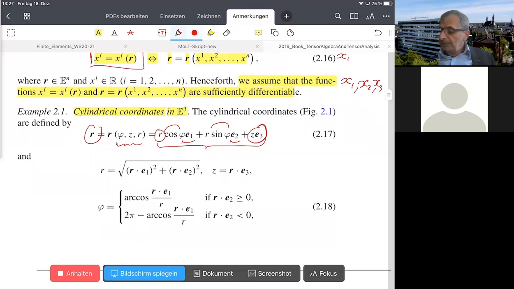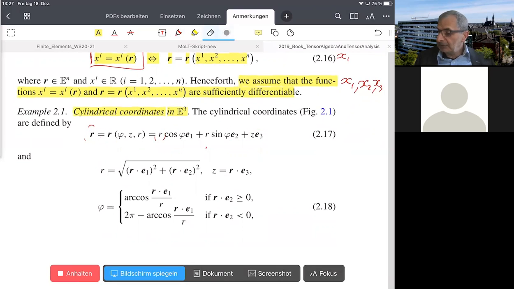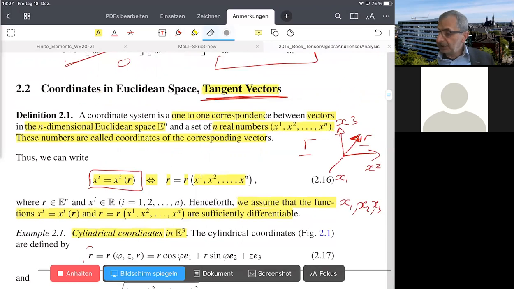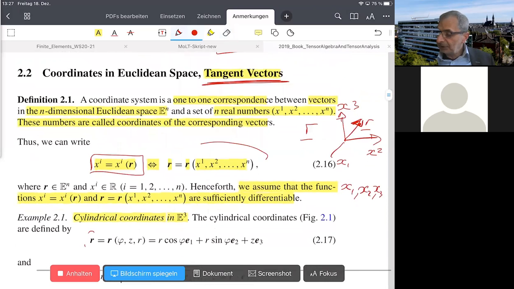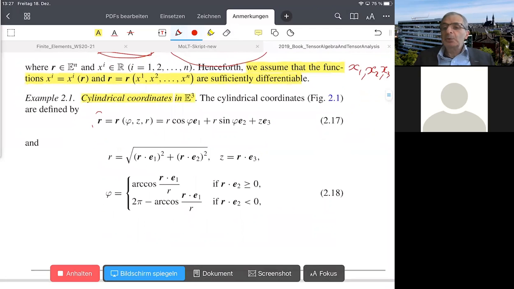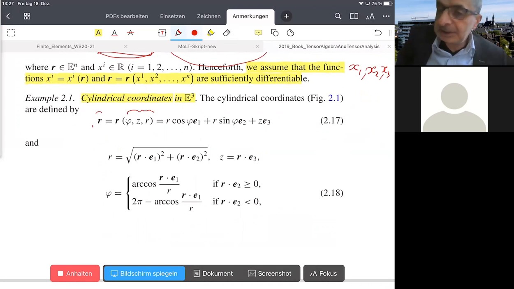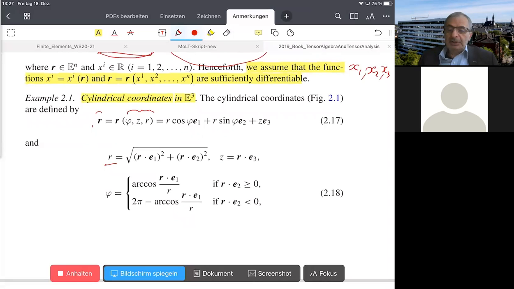Okay, but if you come back to cylindrical coordinates once more, you see here, this is only one form. This is the second form. We need also this form. So we should be able to get our three coordinates, phi, z, and r, from our vector r. How to do that? For this value r, we simply apply the Pythagoras theorem.